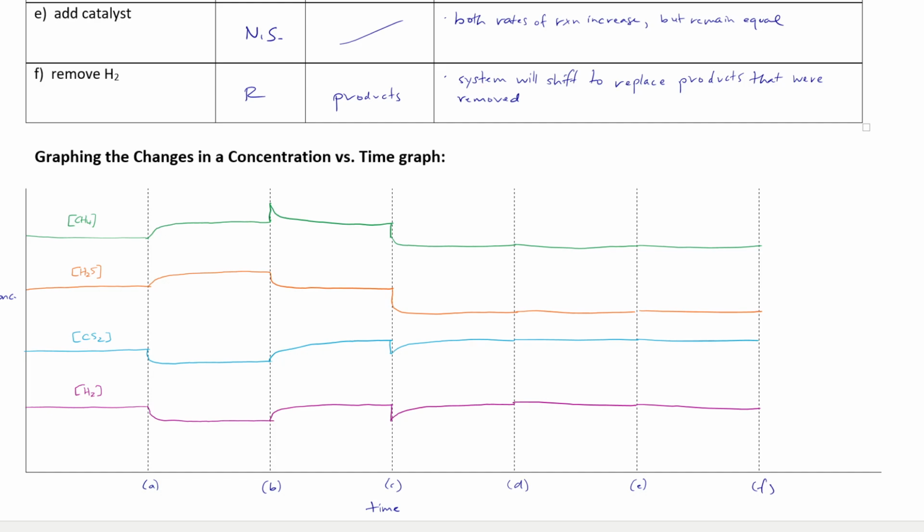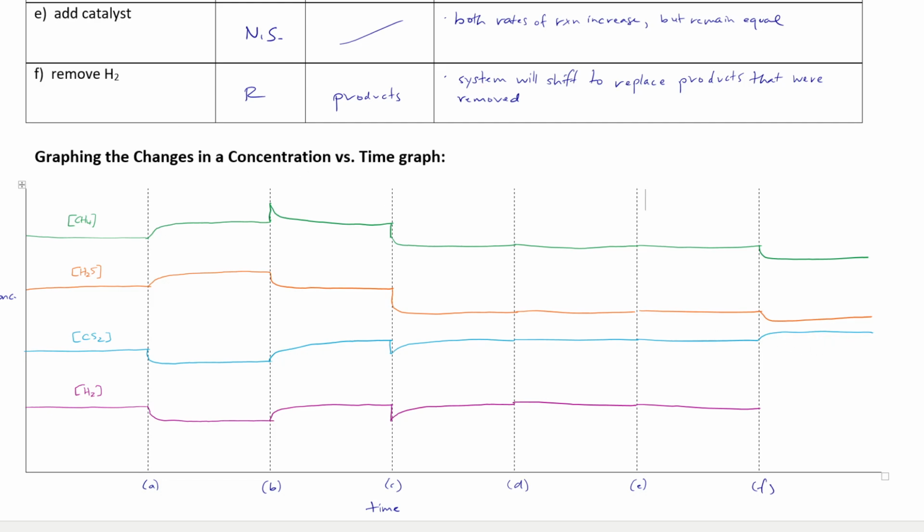So both methane and hydrogen sulfide will decrease in concentration so that more H2 can be formed. And carbon disulfide will increase in concentration because products are favored.